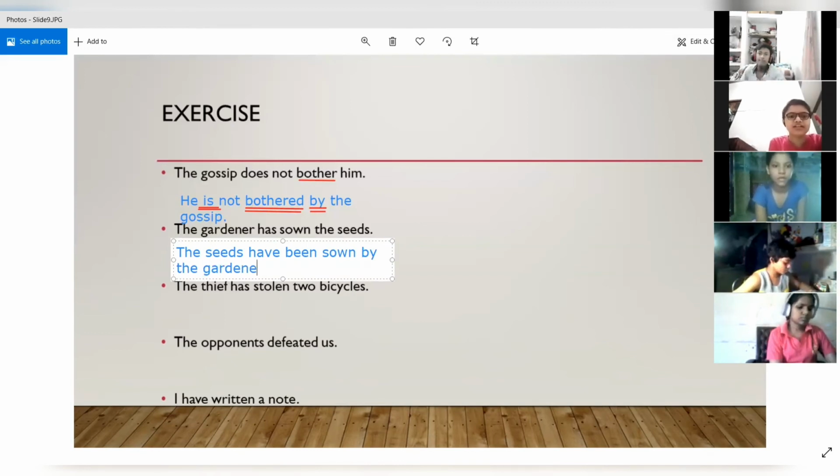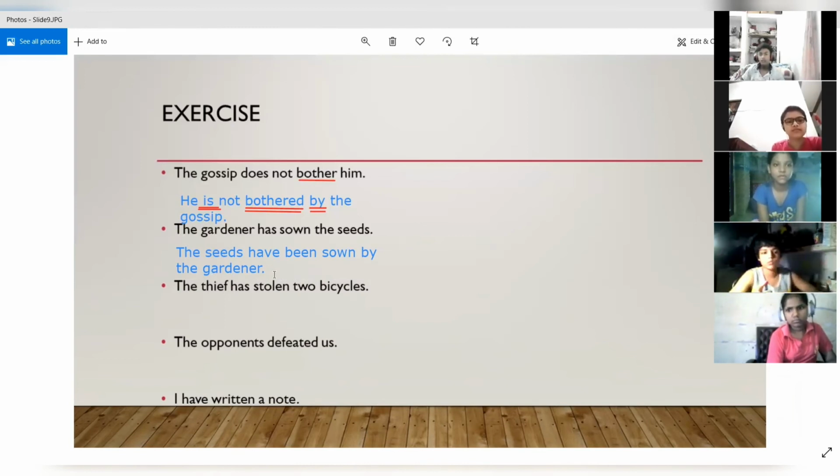All right. So now I'm going to explain what is happening over here. The seeds that was the object has now become the subject, right? And the gardener, which was the subject, has now become the object. So this is the first change. Then the second change that you find over here is that we have placed by before the gardener.